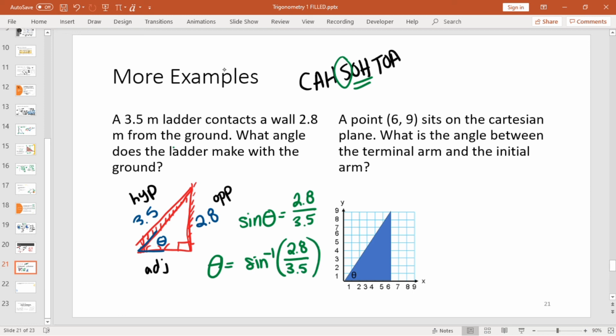And you can type that all into your calculator with brackets, and you should get something like 53.13 degrees.